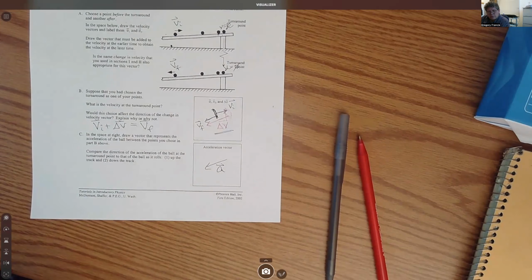And that ball is only stopped at the turnaround point for one tiny split instant, and then it starts rolling down the ramp. So the acceleration is not zero at that turnaround point. It's actually the same at the turnaround point as it is at all the other points.